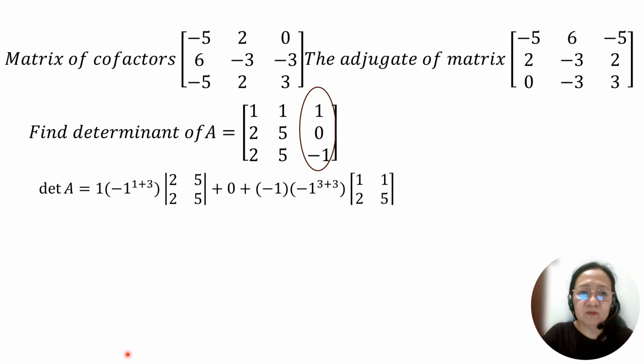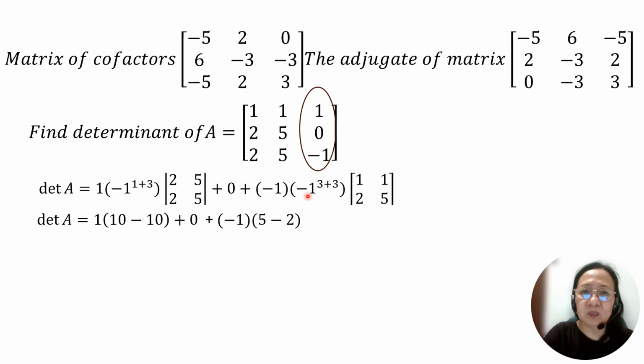Now, let us simplify the result. 1 plus 3 is 4, so we arrive at positive 1 times 1. Of course, we have here 1. 2 times 5 is 10, then minus 2 times 5 also, that is 10. Then we have here plus 0. Then simplify the other one. 3 plus 3 is 6, so 6 is an even number.